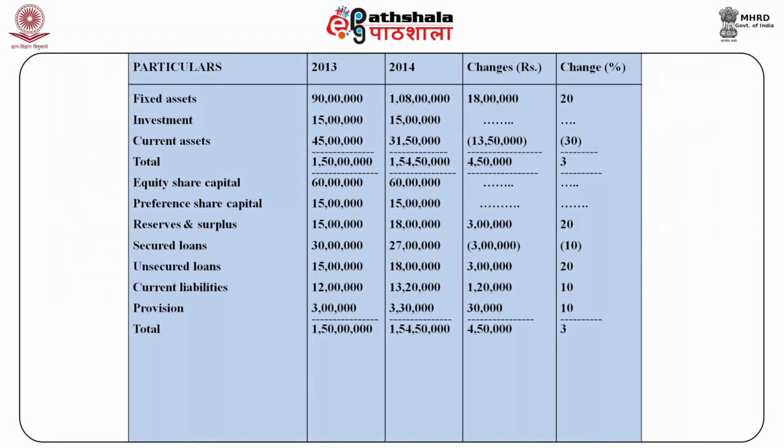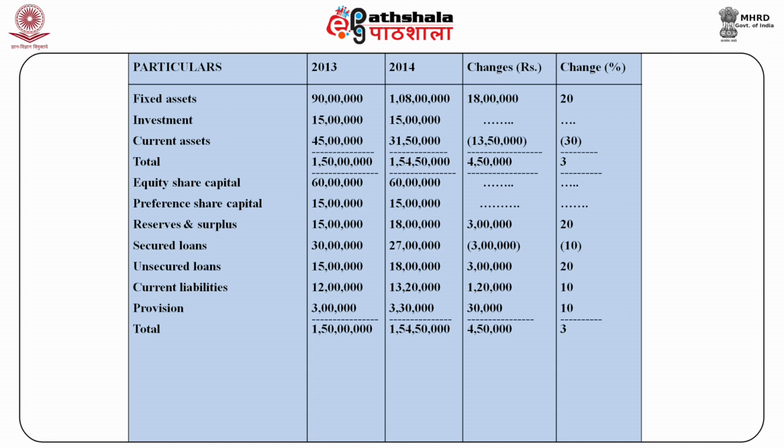We have 2 years 2013 and 2014 and we have the fixed assets, investments and current assets for these 2 years. We have fixed assets for 2013 that is 90 lakh and for 2014 we have 1 crore 8 lakh. This shows that the fixed assets have increased by 18 lakh, registering a percentage change of 20%.